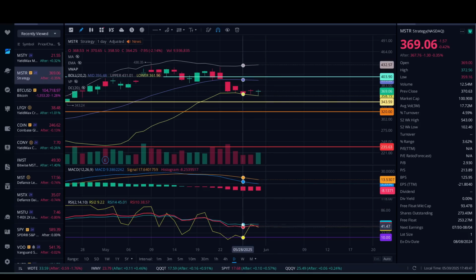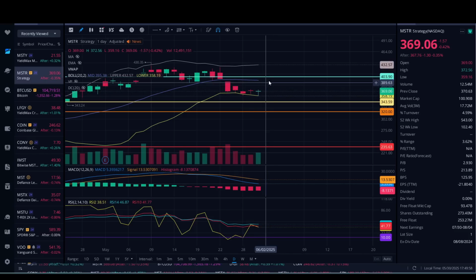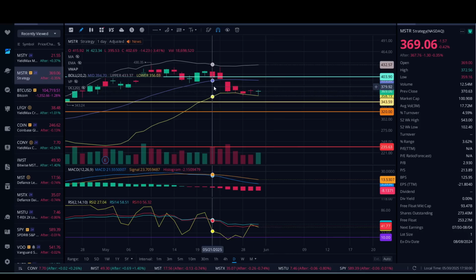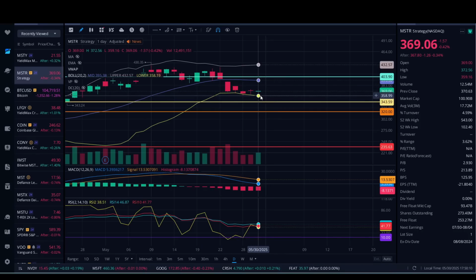The RSI is flat, so it's been flat for a few days here, and so has the stock itself. It has been somewhat trading sideways. Now it is within a range here, of course, but there's no really big movement up or big movement down. We are at the bottom of that Bollinger Band, so for me, that could be a potential look to see if it's time to buy.